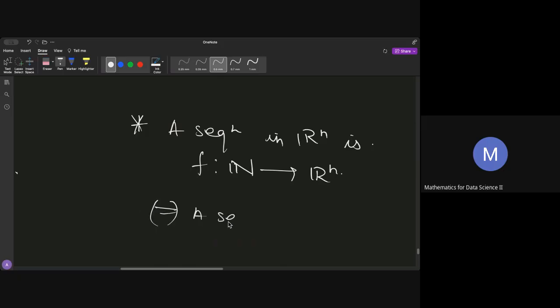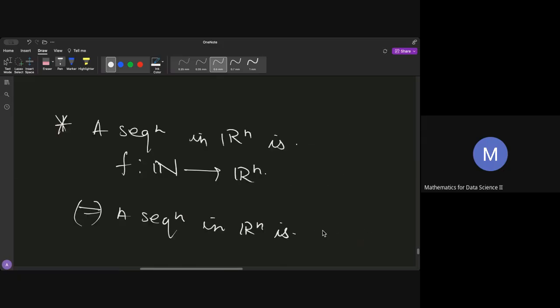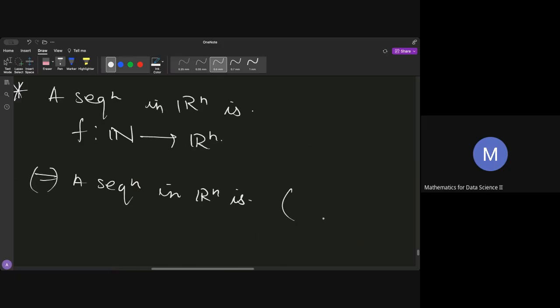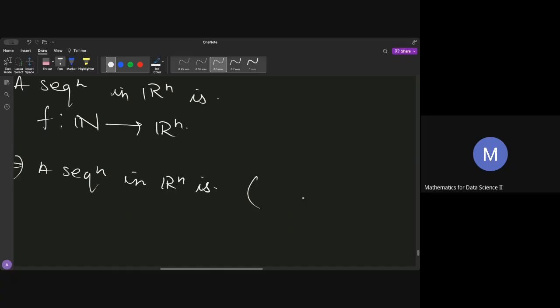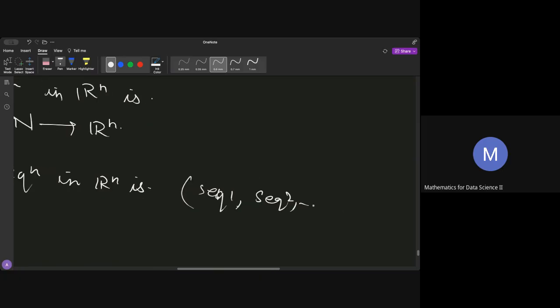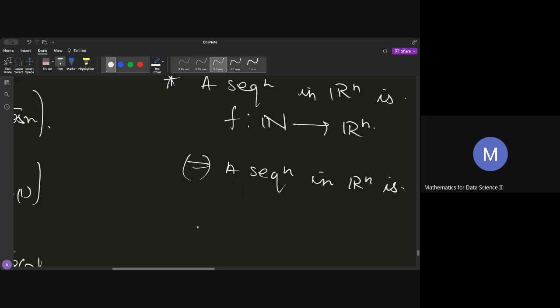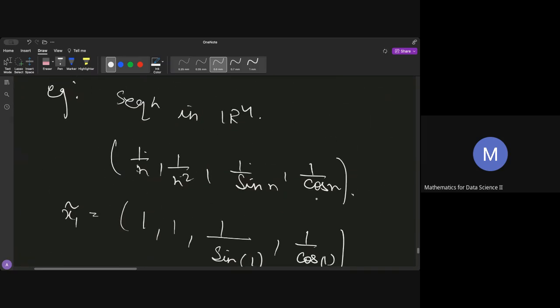In simple words, a sequence in Rn will be n-tuples: sequence 1, sequence 2, and so on till sequence n. And where are these sequences from? If this entire thing is a sequence in R4, then the individual ones are sequences in R1.